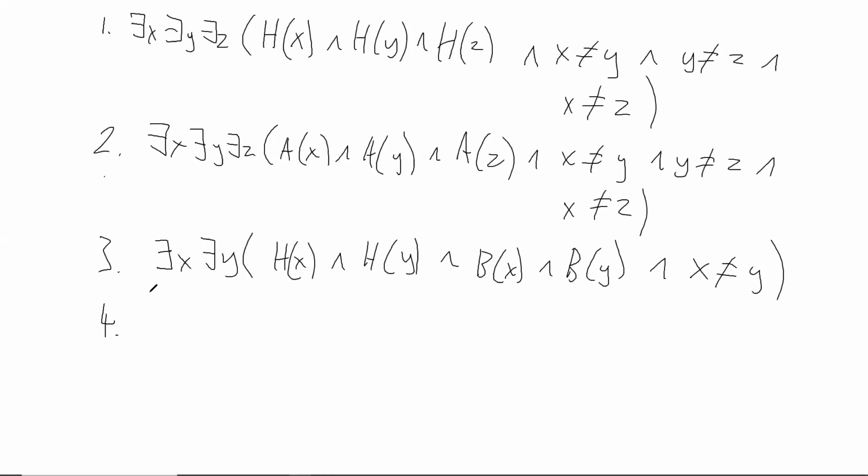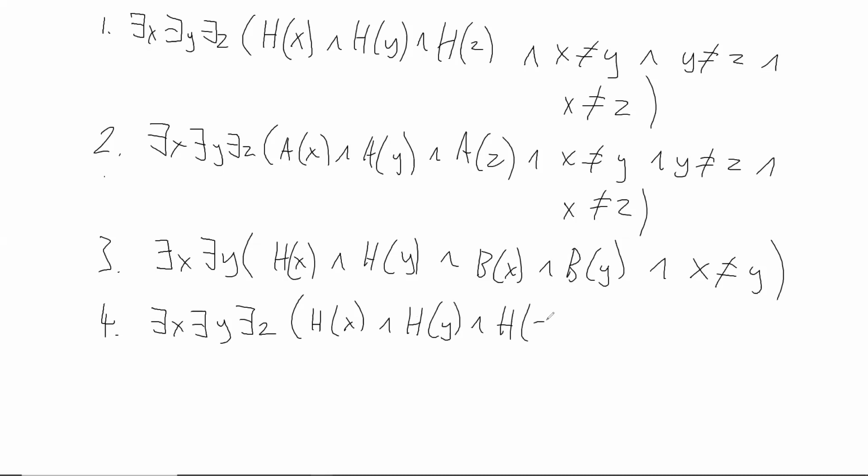Question 4, there are 3 horses in Farmer Brown's field. So it says there are exactly 3. So since there are 3 things, we need 3 variables. And all of these things are horses. And they're all in Farmer Brown's field.